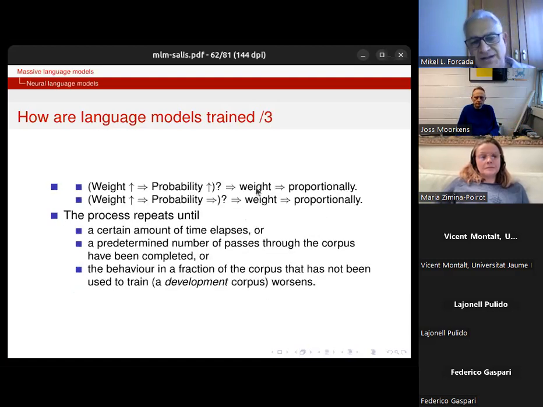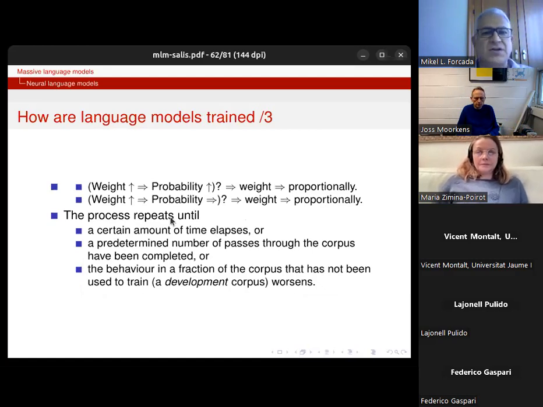So you do this repeatedly until a certain amount of time elapses. Basically, you bought some computation time on a cloud server, and that's all you can use, so you will stop before your credit is zero. Another possibility is to run the corpus a predetermined number of passes.